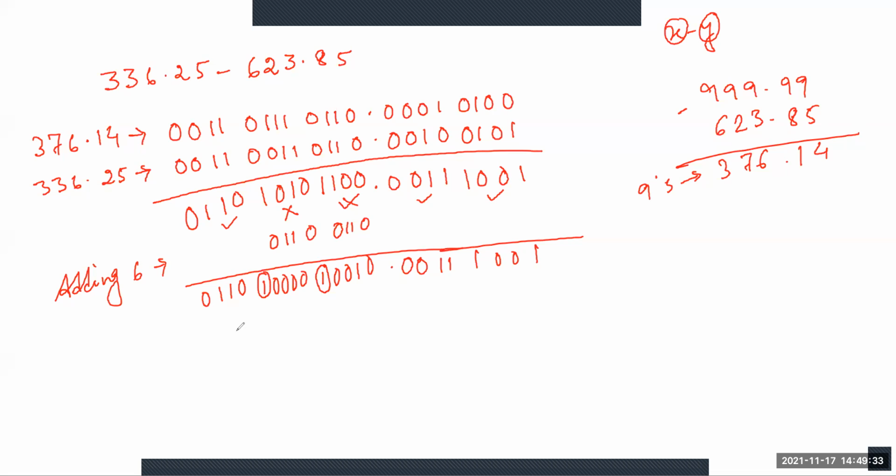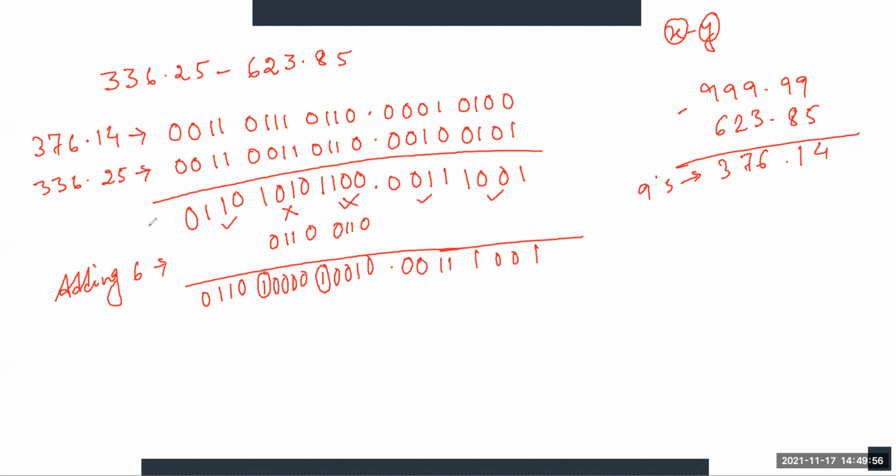So here you can see that there are 2 carries generated, this is 1 carry generated, and this is also 1 carry generated, and here there is no end carry.